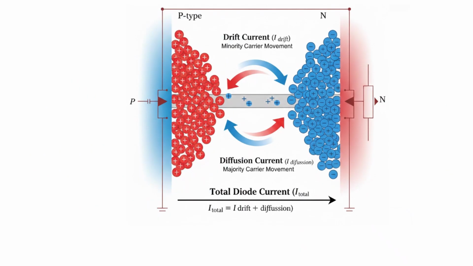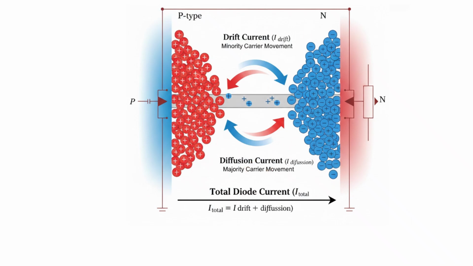If you remember the previous session, we calculated answers based on the drift current and the diffusion current. Drift current is due to the application of voltage across the diode. The diffusion current is due to majority carrier movement, the concentration gradient inside the diode itself.